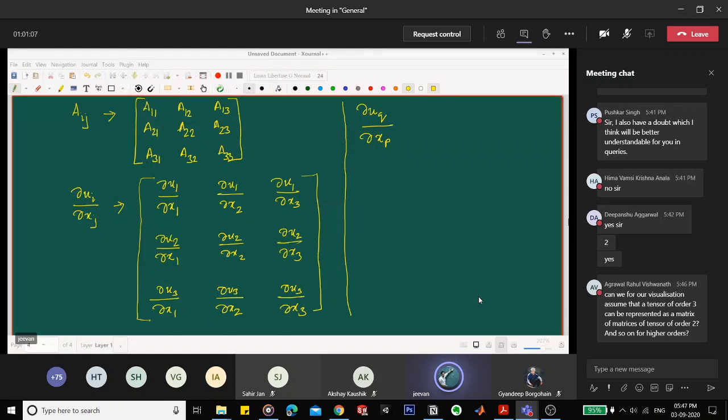Okay, thank you. So Rahul Agarwal is asking, can we, for our visualization, assume that a tensor of order 3 can be represented as a matrix of matrices of tensor of order 2 and so on for higher degrees? I think this is exactly the answer that one of my teaching assistants has given in the discussion channel.